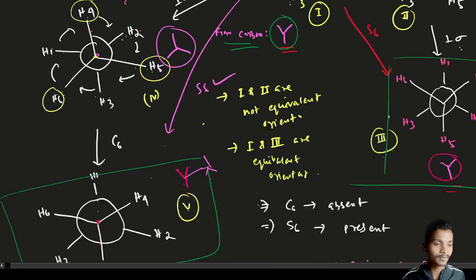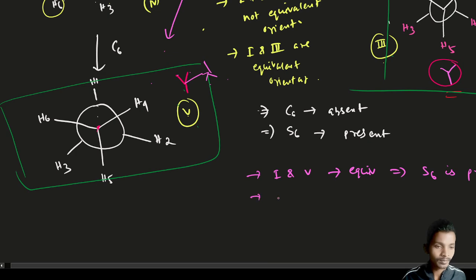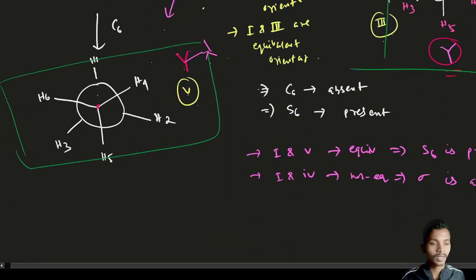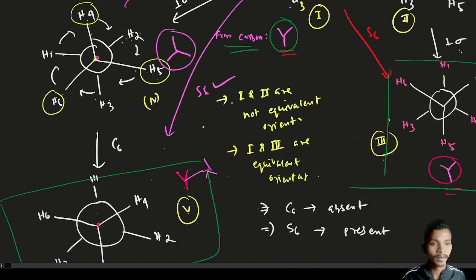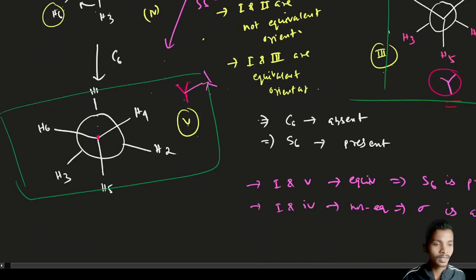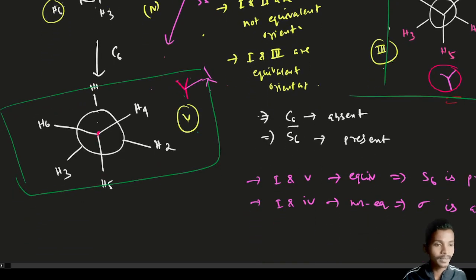It means that 1 and 4 are non-equivalent. Non-equivalent means sigma is absent. So overall what we see is that C6 is absent and sigma is absent, but S6 is present.